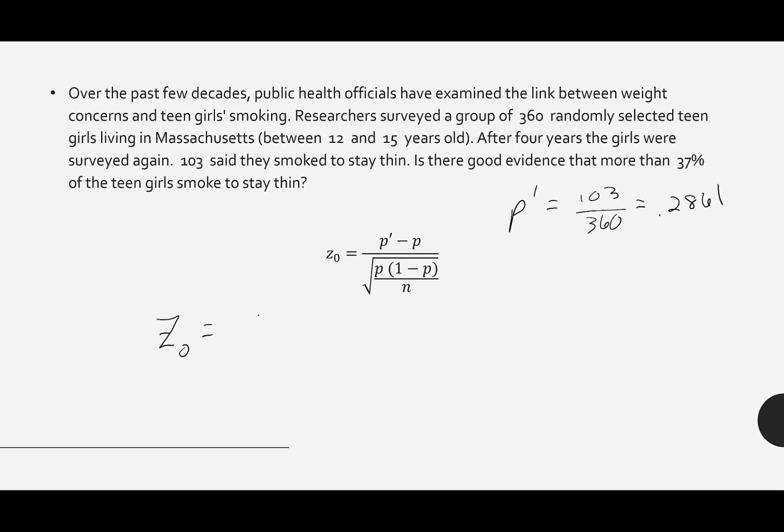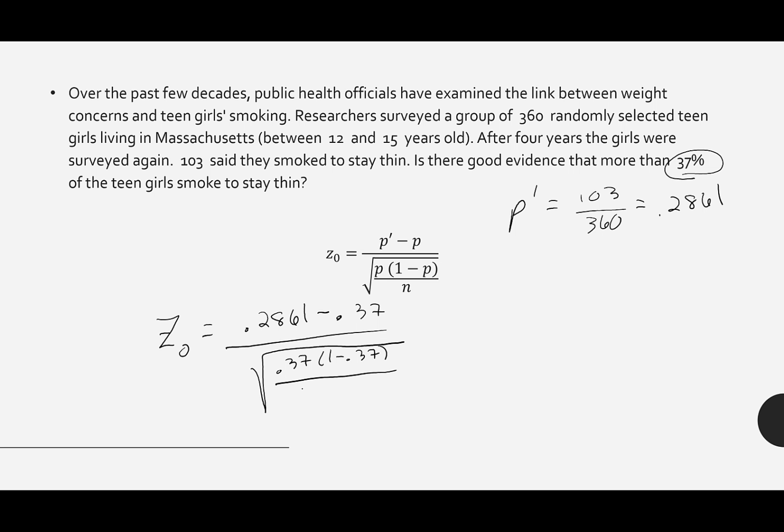My Z0, which is my test statistic, will be P prime, 0.2861, minus, what are we trying to test? 37%, so I'm going to say 0.37, over the square root of 0.37 times 1 minus 0.37 over N, which was 360 girls. My Z0 comes out to negative 3.297.